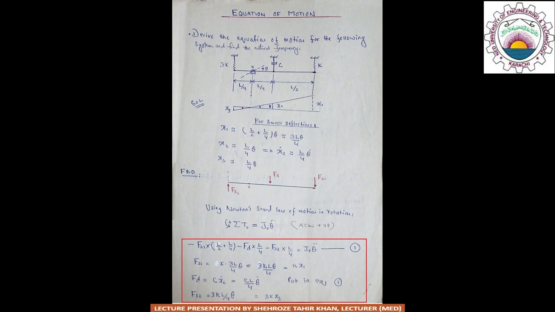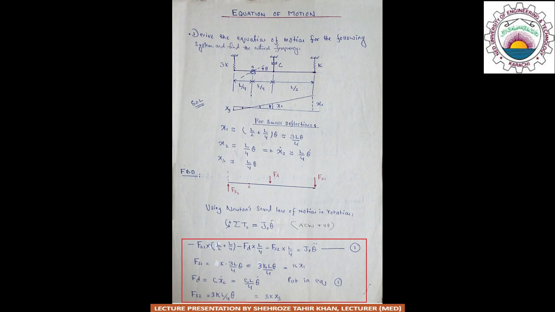Fd is equal to c x2 dot, which is c/4 into L theta dot, and Fs2 is equal to 3/4 into kL theta, or Fs2 is equal to 3k x3.